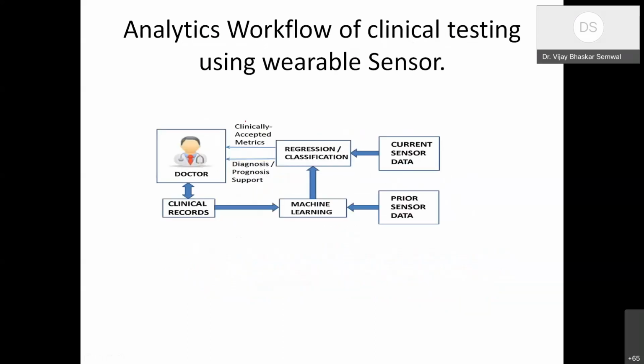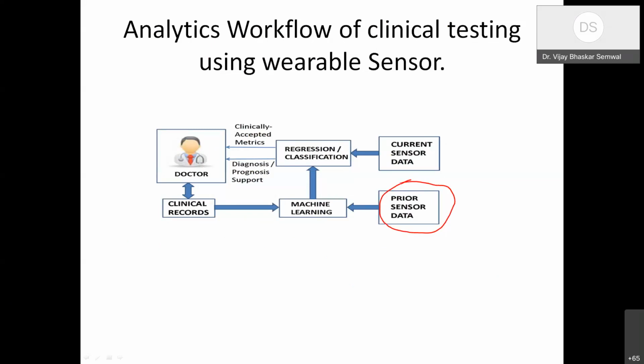Now to design the deep learning model, which I will discuss in the next slide when I go to TinyML, compressed ML. In this case, what is happening? We have analytical clinical testing. The doctor is there, we always have to verify. First, we have captured previous sensor data, because in machine learning we require data with which we can train the model.